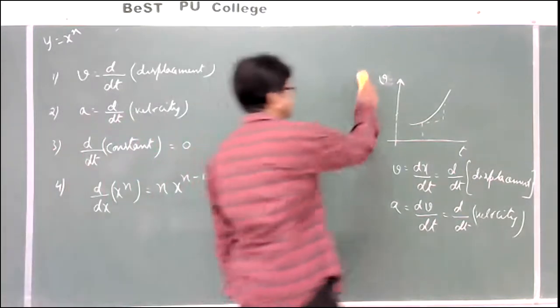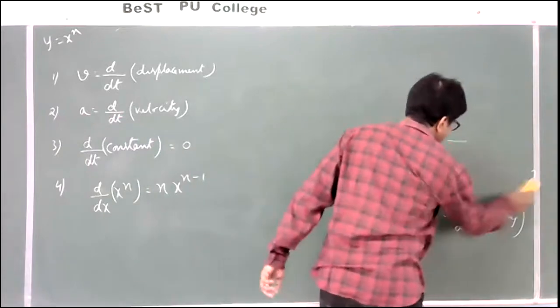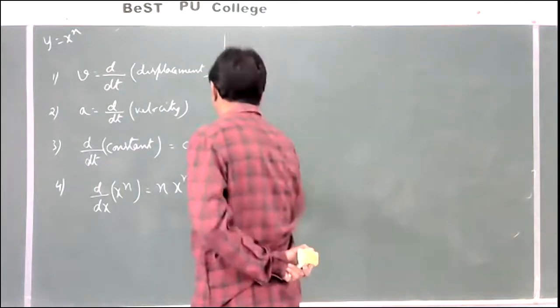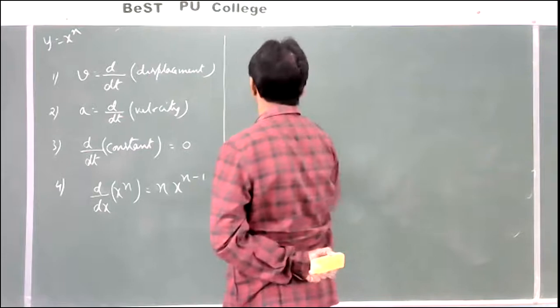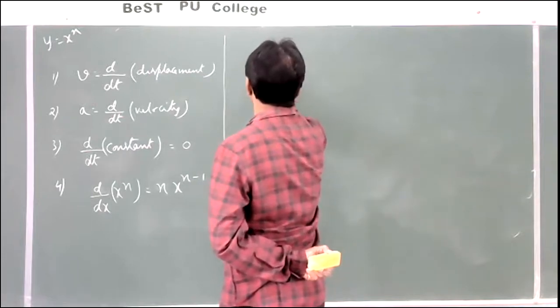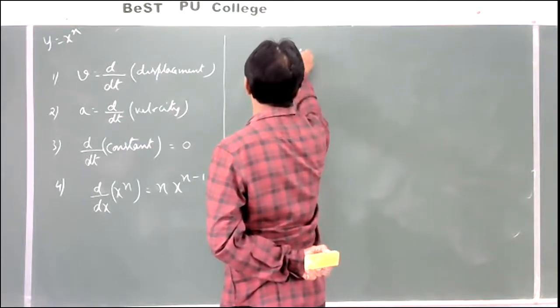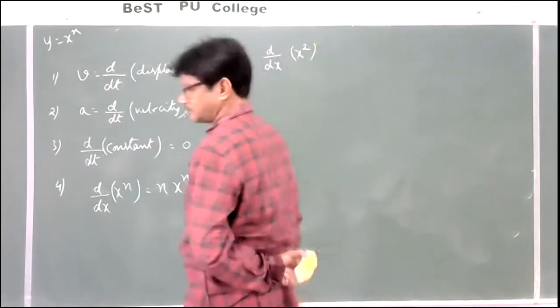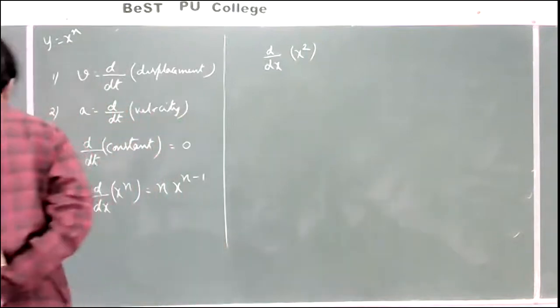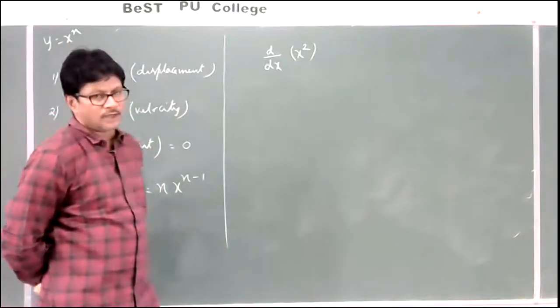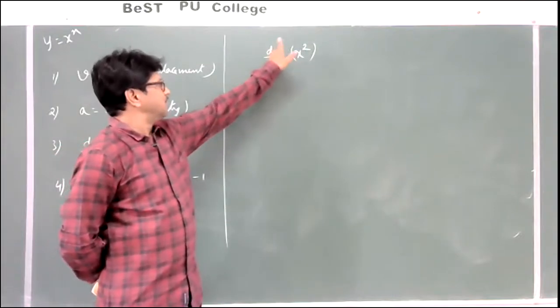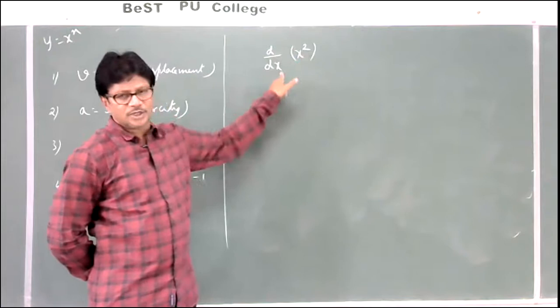If we discuss a few examples, you will get a clear picture of how to differentiate. d by dx of x square. We have to differentiate x square with respect to x.